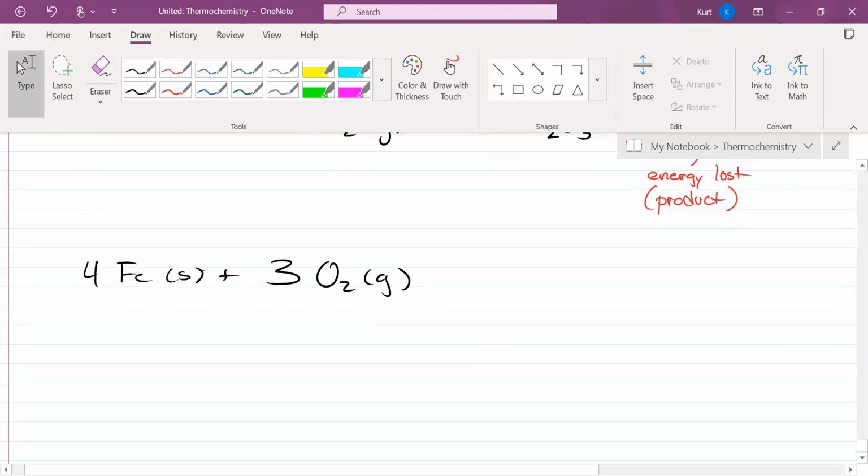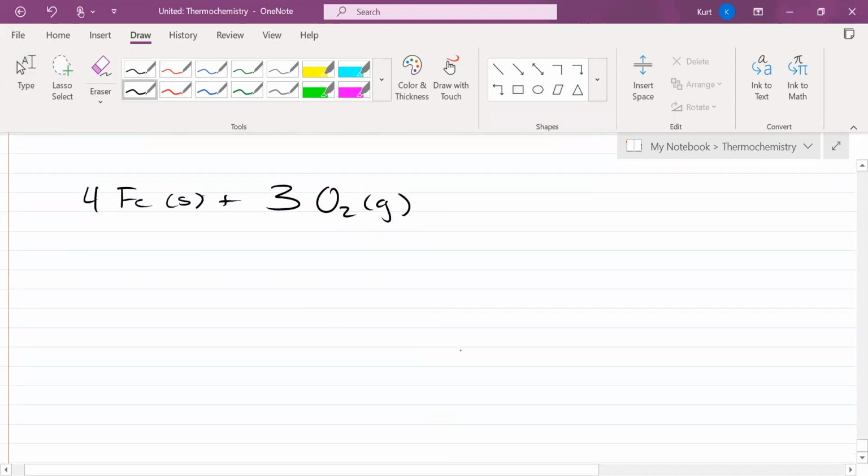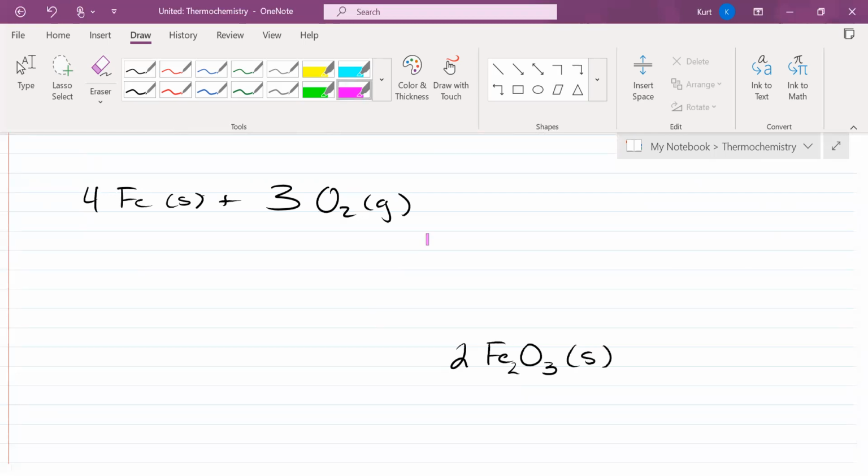You said this is an energy leaving process. So let me ask you this. See if you might be able to figure this out. What has more energy? Ready? The reactants or the products? Considering heat left, the reactants have more energy than the products do. So you're going to write 2Fe2O3 here. And I'm going to draw this arrow pointing down.